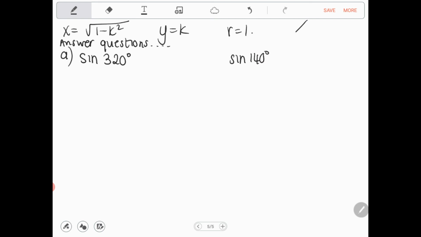What angle was I working with? Well, let's just quickly remember. There's my 40 degrees that I'm working with. We've got the square root of 1 minus k squared for x, k for y, and 1 for r.